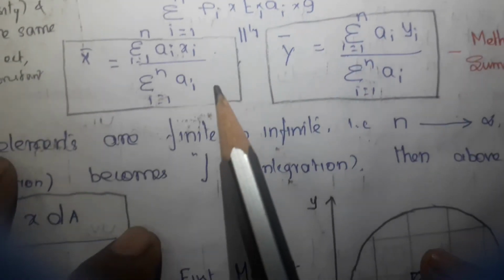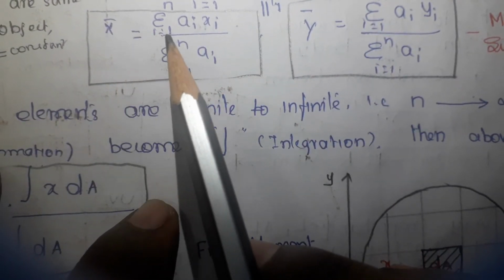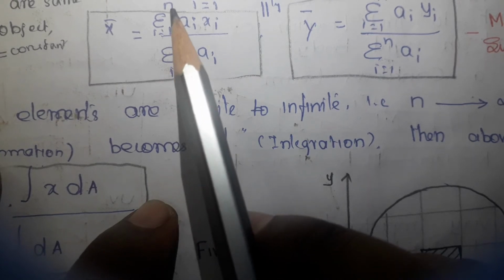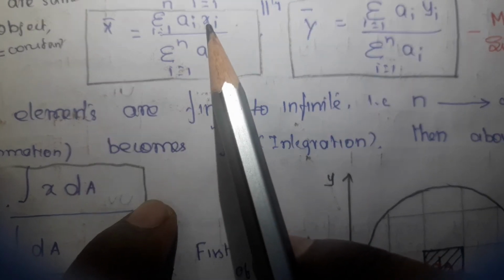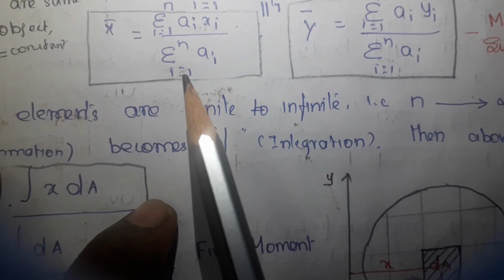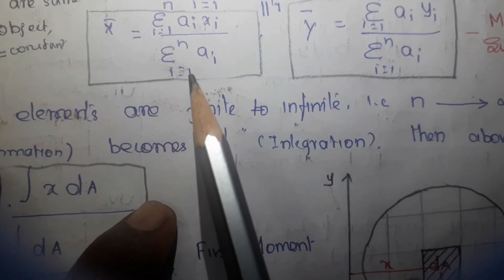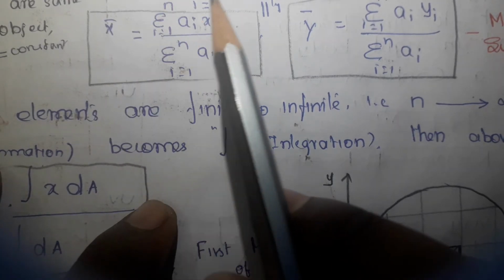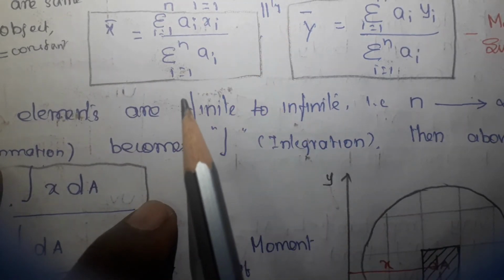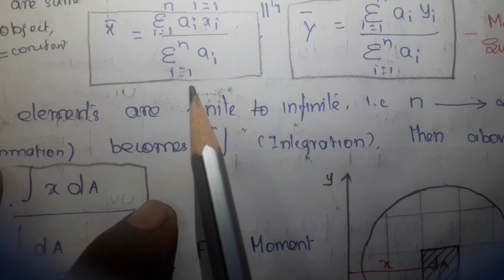So the remaining things are x bar equals summation of i equals 1 to n of Ai Xi divided by summation of i equals 1 to n of Ai. So this is the final equation for finding the value of location x bar.